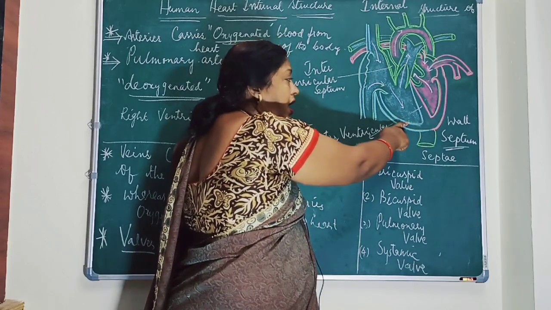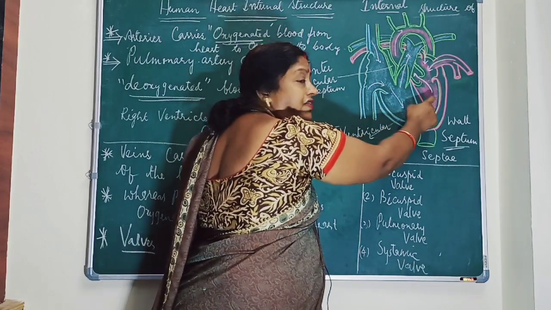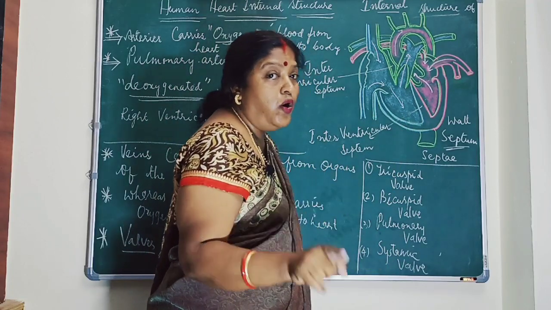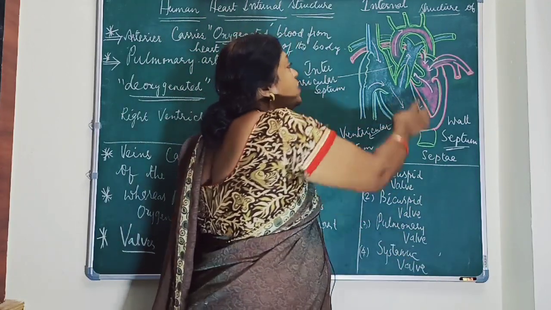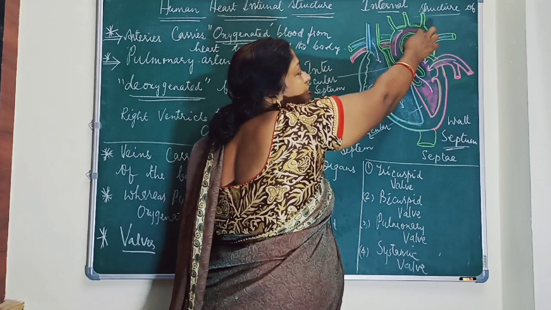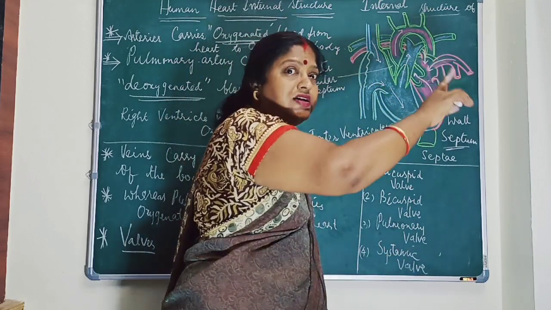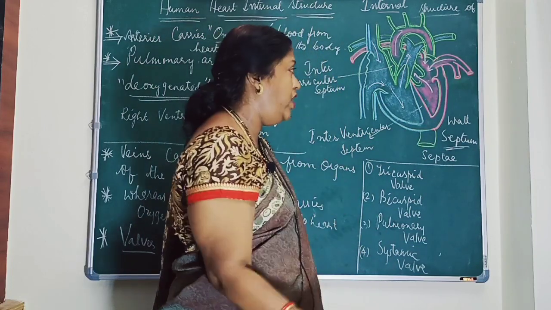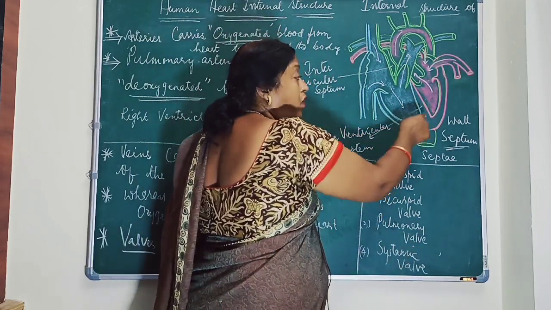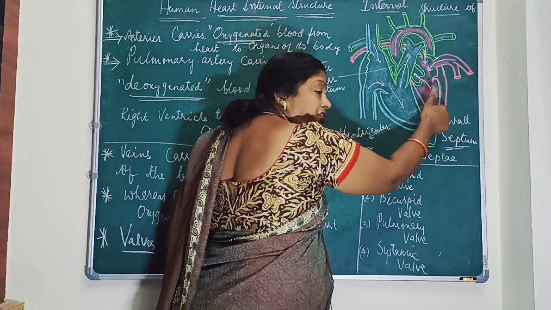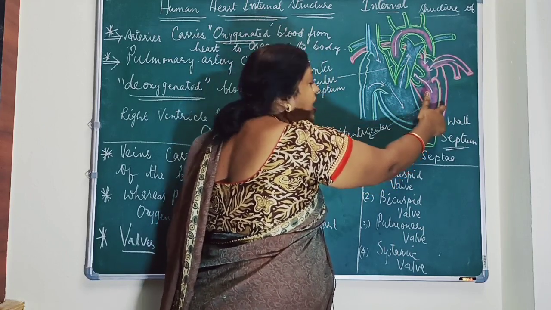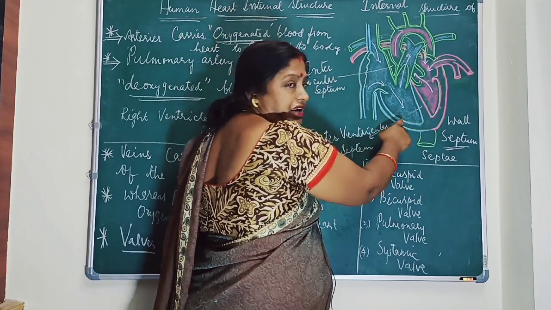Whereas the left ventricle pumps the blood to all the body parts through this systemic aorta. This aorta again divides into several arterioles, and the oxygenated blood is supplied to all the body organs. So the wall of the left ventricle is much thicker than the wall of the right ventricle.